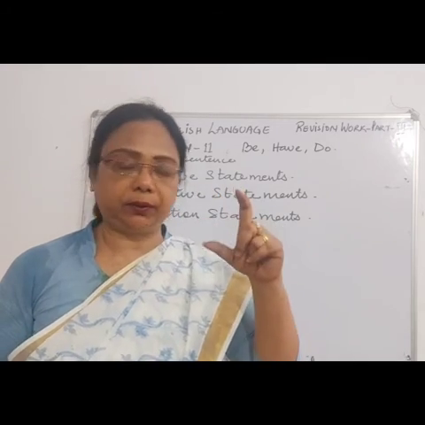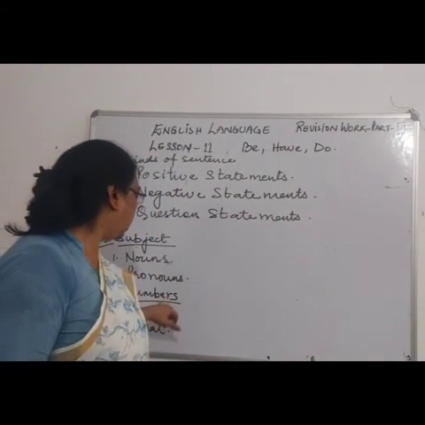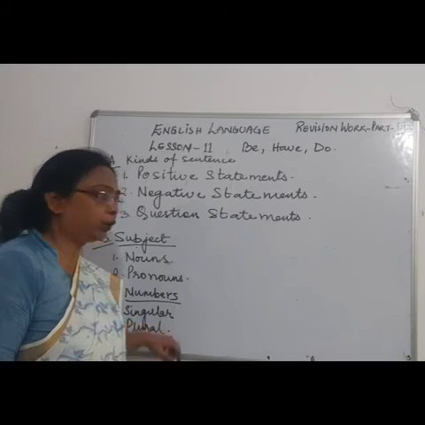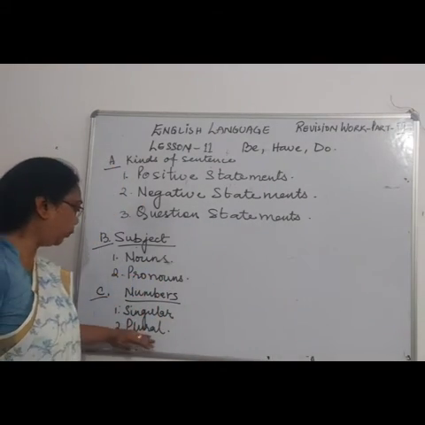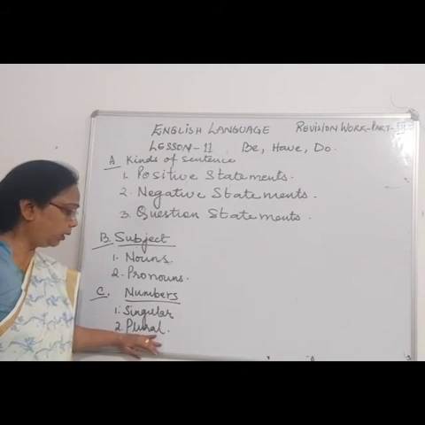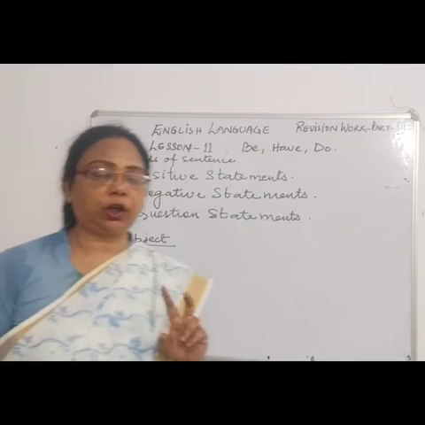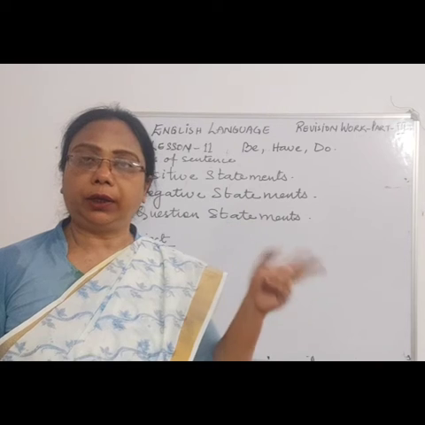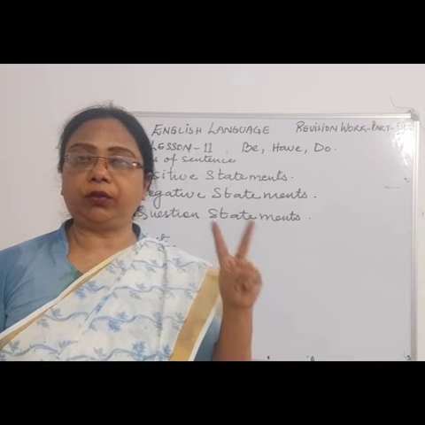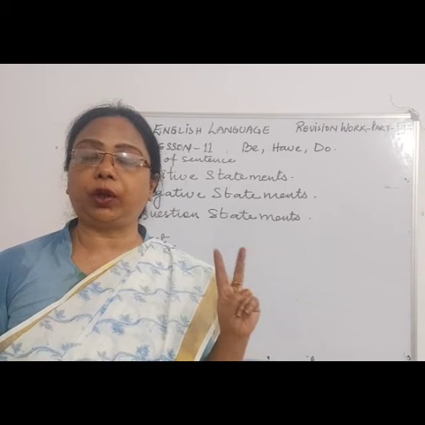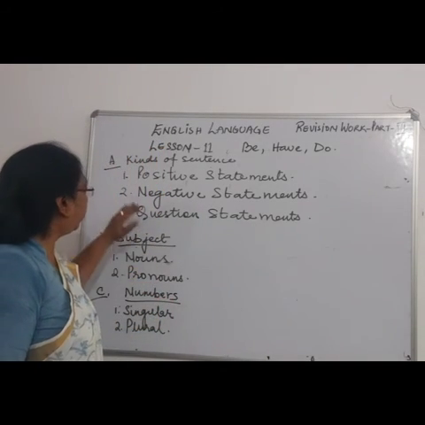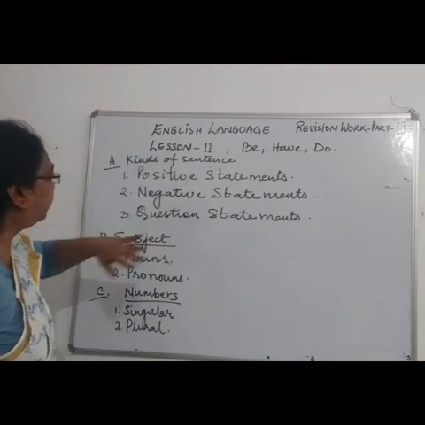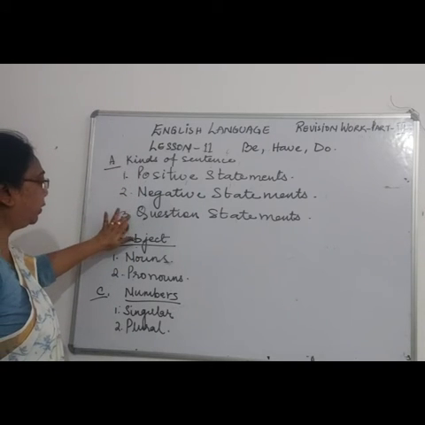She is one person. So we will focus on whether it is singular or plural. Then plural, if we are talking about Sunita and Rita, there are two persons. For two persons, which pronoun will I use? They. So three things we have to focus on: the kinds of sentence, that is positive, negative and question.